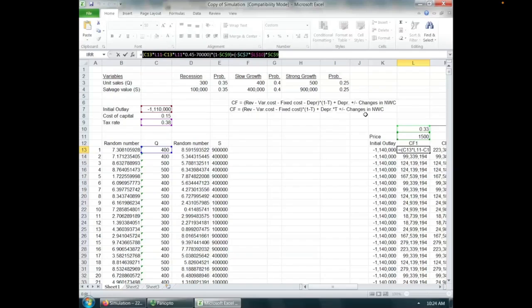Now we have to add to this also the investment in net working capital. Okay, so how we can do that? If you remember, the investment in working capital was 11.25% of the difference between the revenues in year one minus the revenues in year two. So what is the revenue in year one? Is the units multiplied by the price in year one.